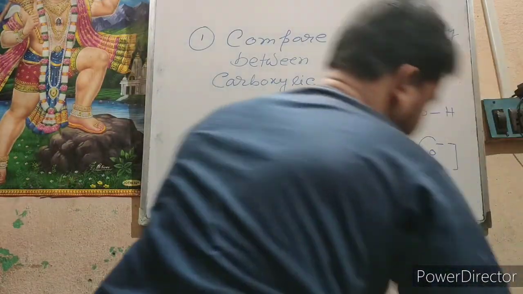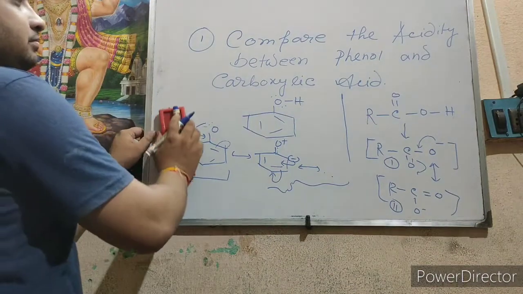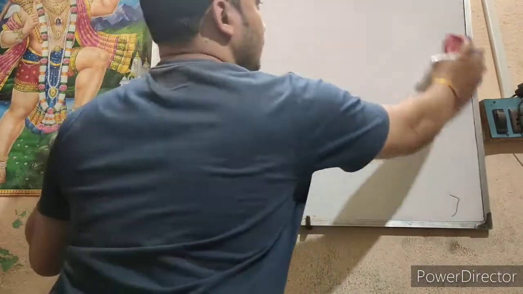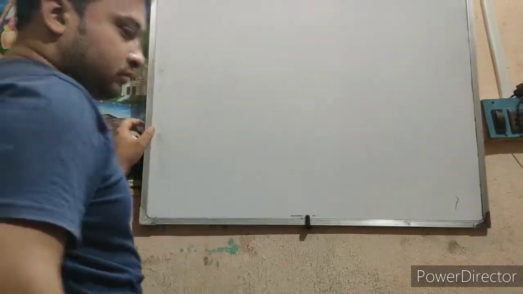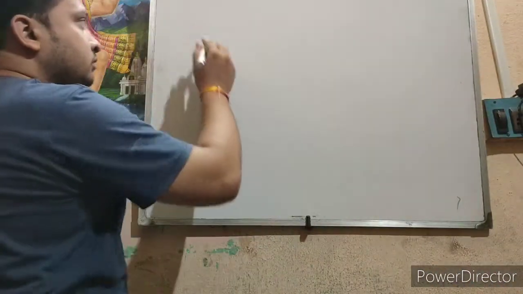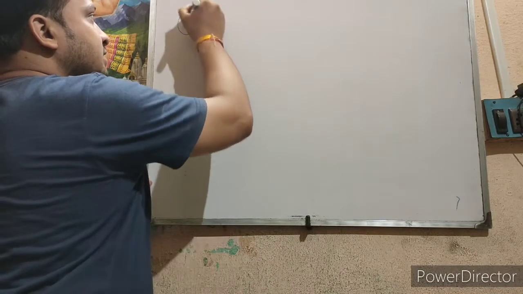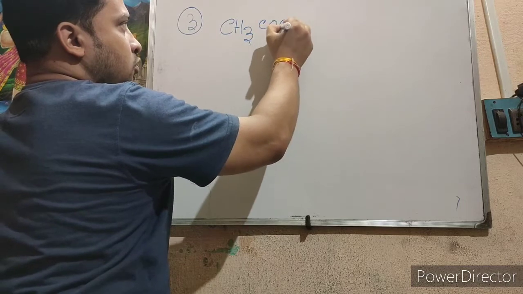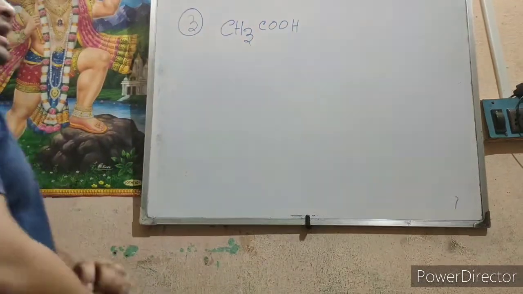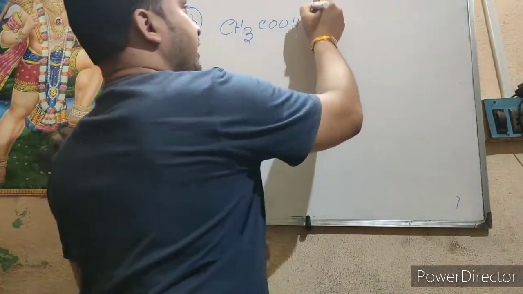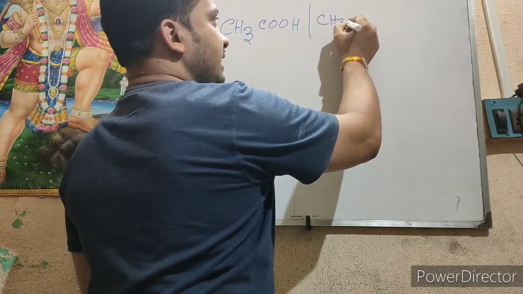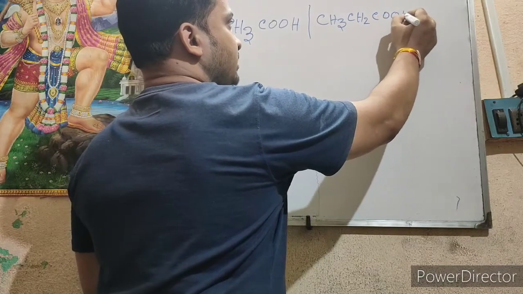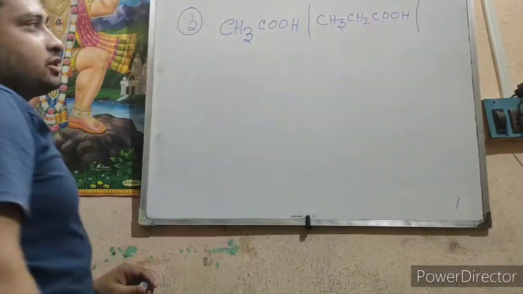Now the third question. CH3COOH, acetic acid. Then you take CH3CH2COOH, propionic acid.